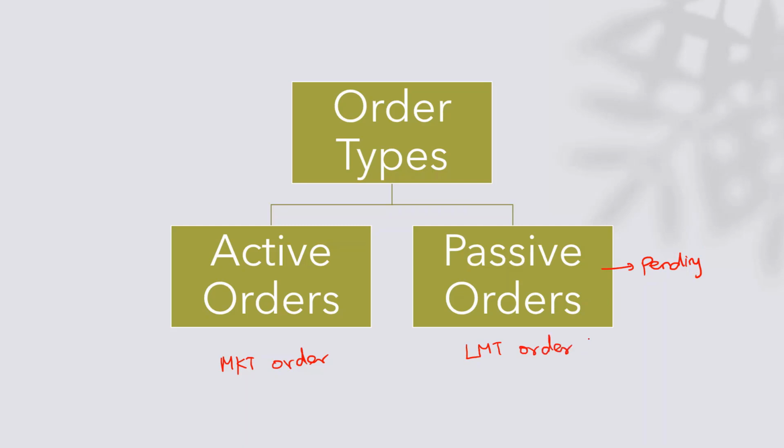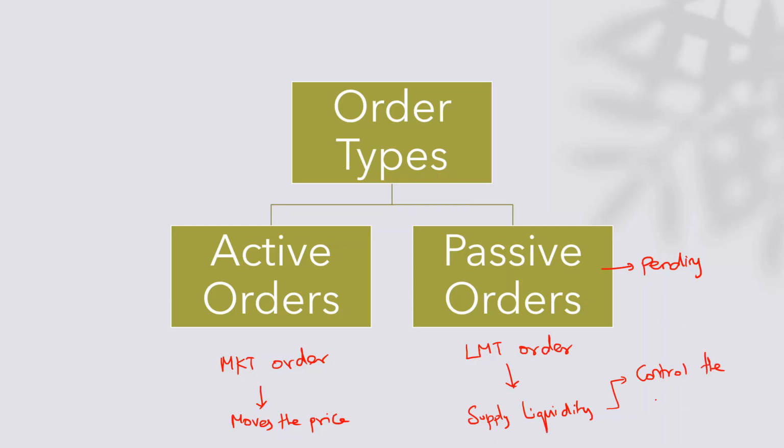So what is the difference between these 2 orders? The market order moves the price, whereas the limit orders supply liquidity. They cannot move the price action, but they can control the velocity of the price action.